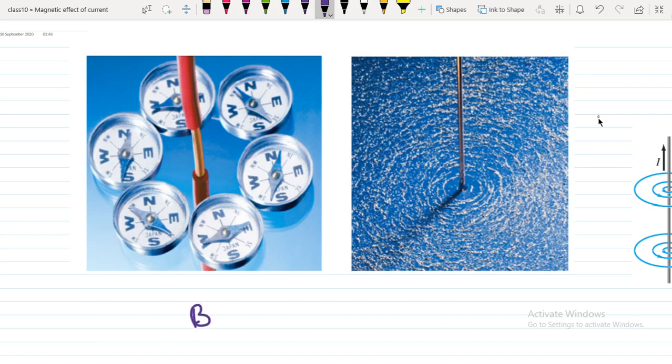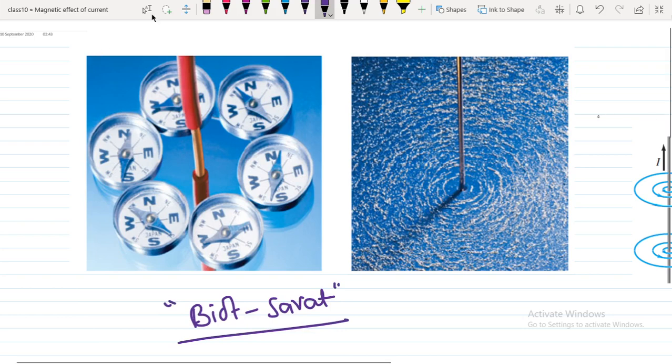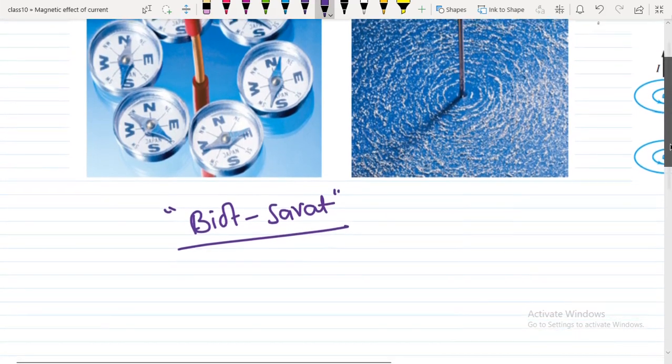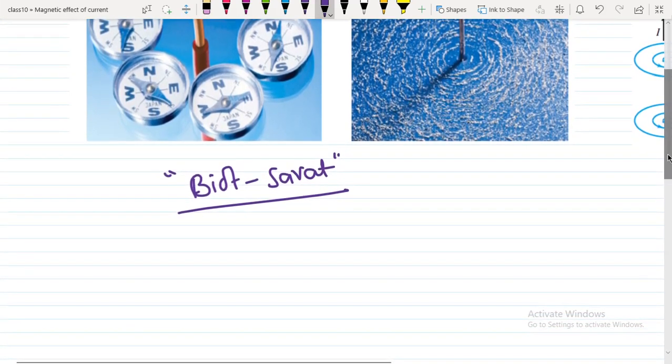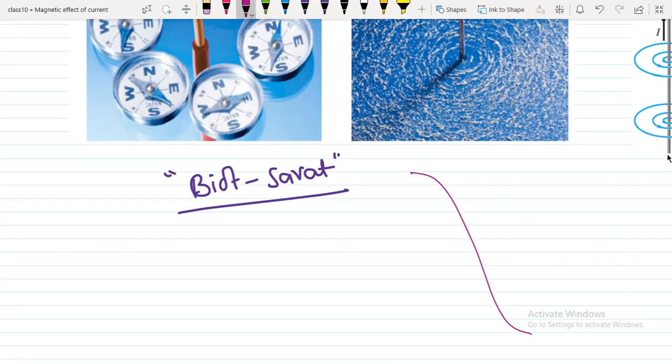is known as Biot-Savart law. Its pronunciation is a little different, so we cannot pronounce it just like in English. The Biot-Savart law says, suppose I have a current carrying conducting wire. This is the direction of current.